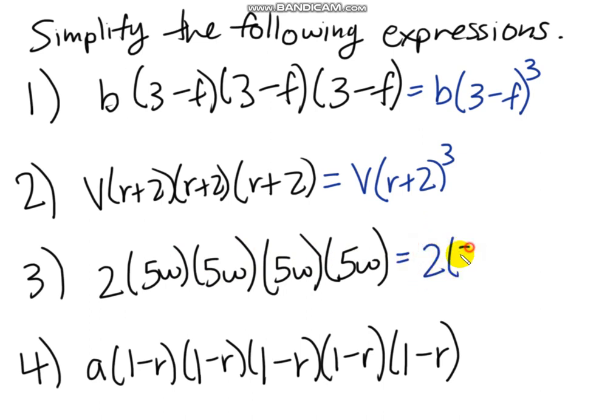So this is 2 times 5w raised to the 4th power. And the last one. So if we look at this, 1 minus r, we have this 5 separate times. 1, 2, 3, 4, 5 separate times. So if we were to simplify this, this is a times 1 minus r raised to the 5th power.